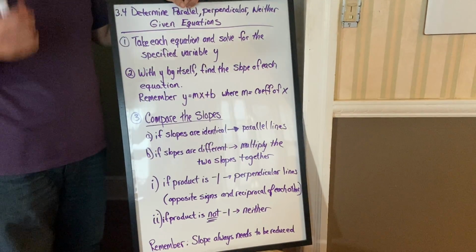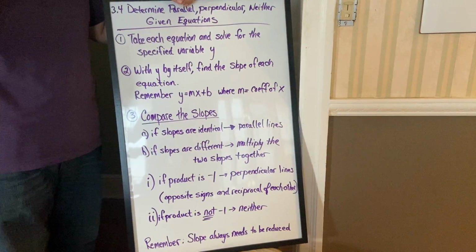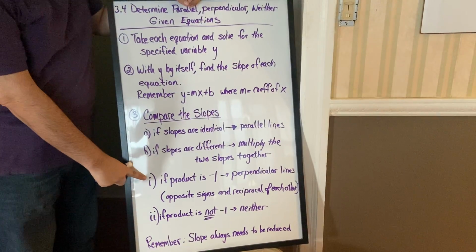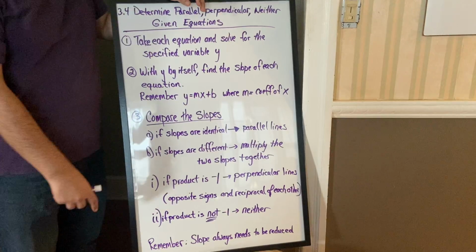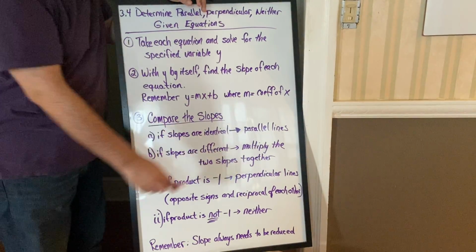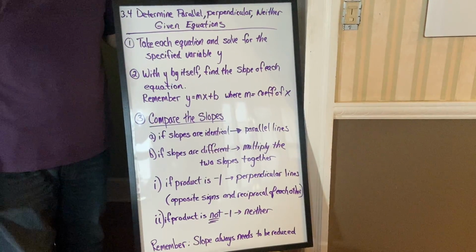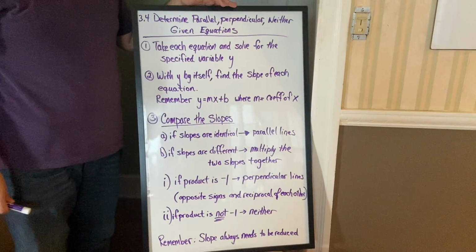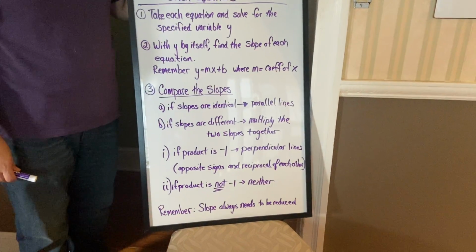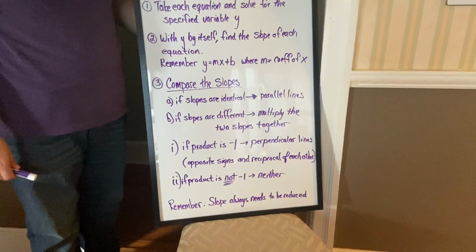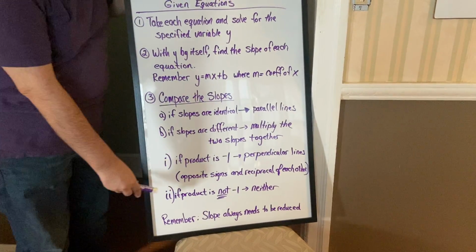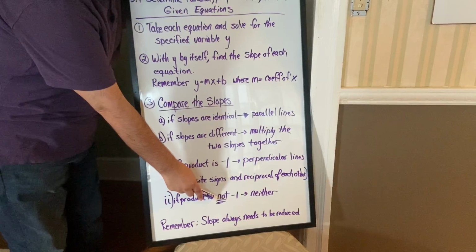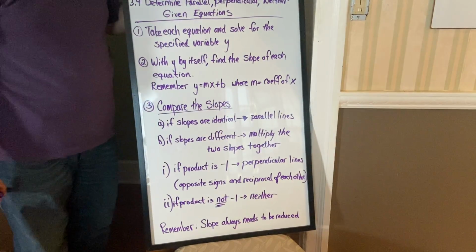So you're going to have two slopes, multiply the two together. Then you're going to look at that answer. If the answer or product is -1, then we can stop. We can say you have perpendicular lines. If you get any other answer, so you don't get -1, you get -2, you get 2/3, you get 7, then we told you if you don't get -1, that's when you say neither.